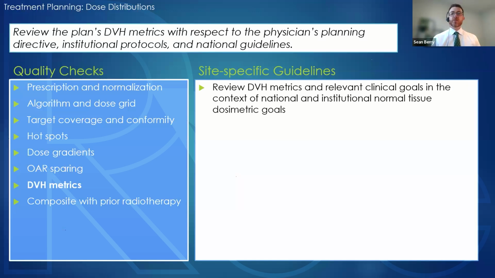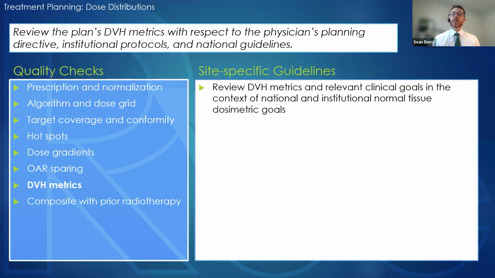Now, when it comes to the dose volume histogram, the dose volume histogram is an excellent tool to give you quantitative information. And if you have a list of goals, let's say, that are coming either from the physician for this patient, or you have departmental standards for this site of disease, or you're doing a national or international protocol that has dose constraints, the DVH is great because you can compare what you have against those constraints.